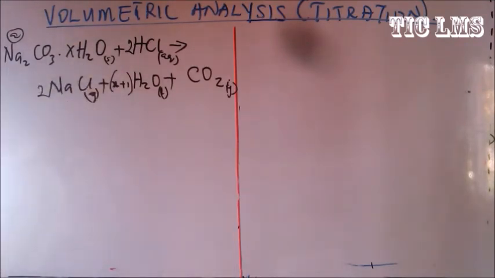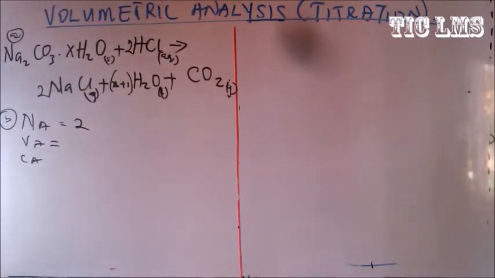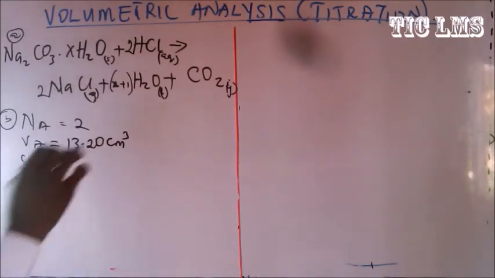Next is to go to the second part of the question, which says we should calculate the concentration of base in mole per dm cubed. So we write our parameters. Number of moles of acid, we have 2. Volume of acid given in the question is 13.20 cm cubed.